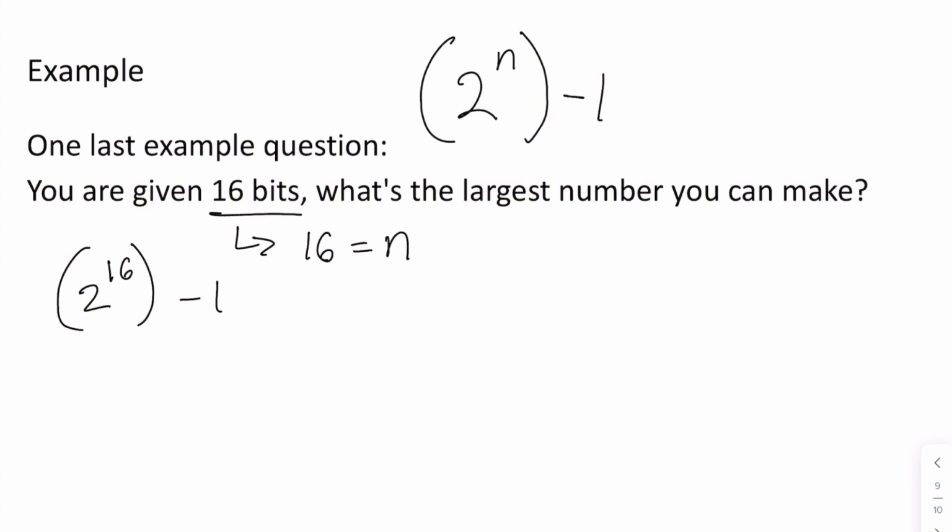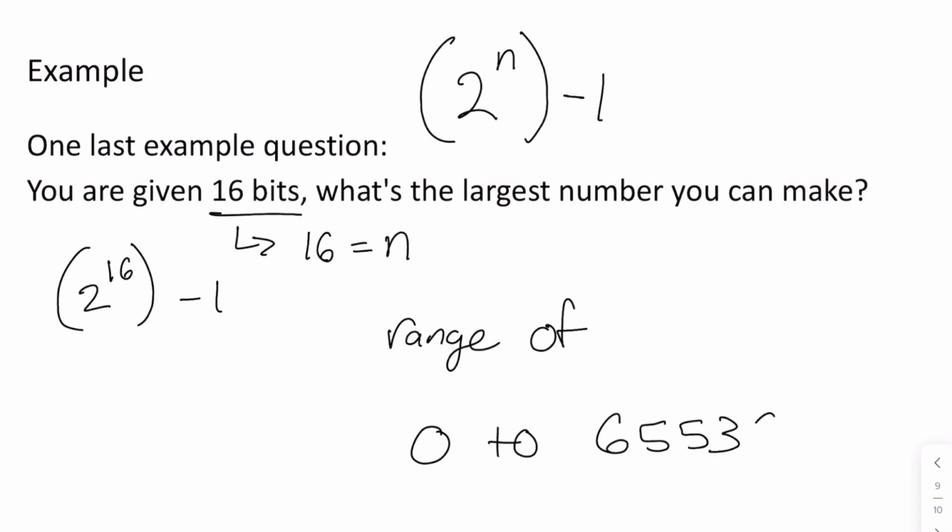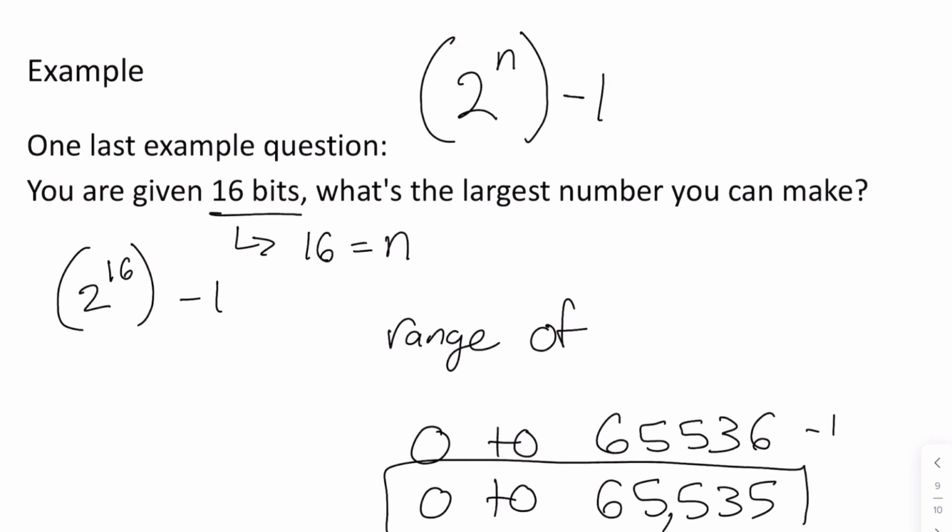That gives us a range of 0 to, and you can do this on your own time, but if you really want to know the super large number, that's going to be 65,536 minus 1. So the range is going to be 0 to 65,535. That's our range.